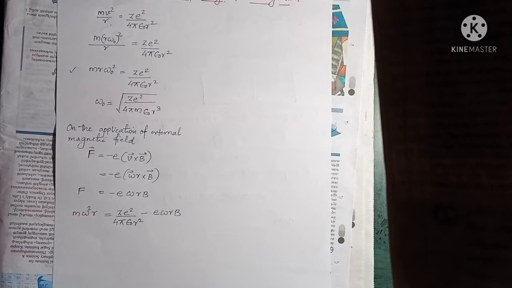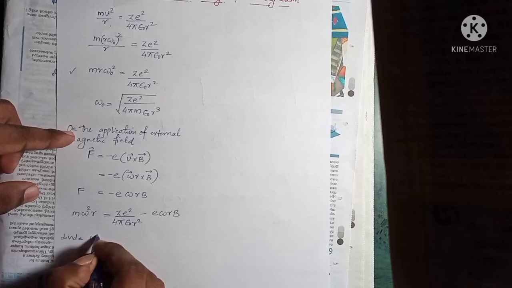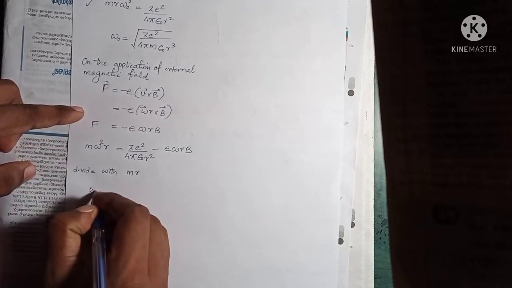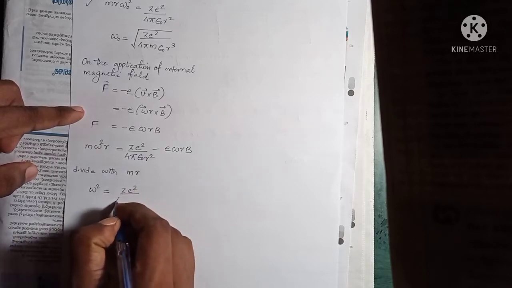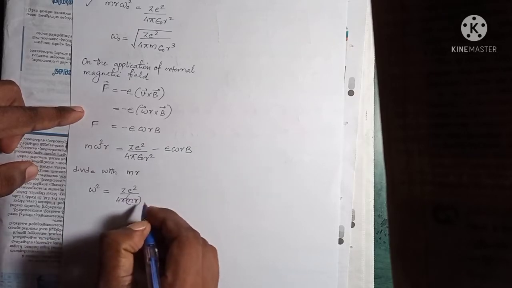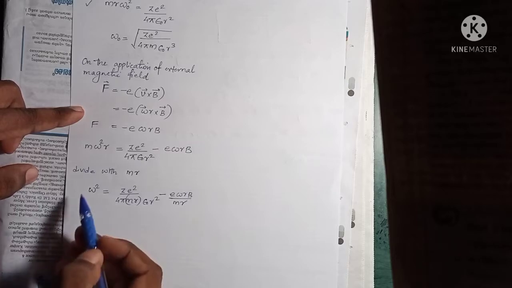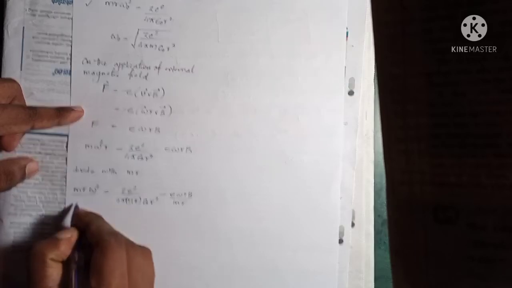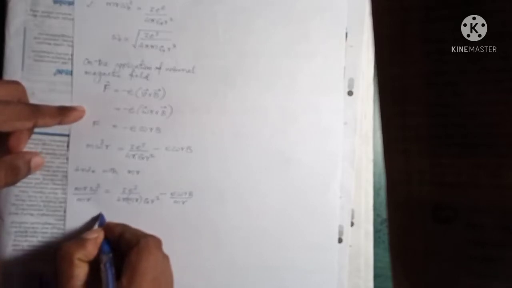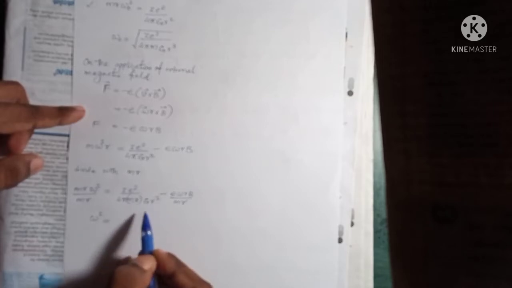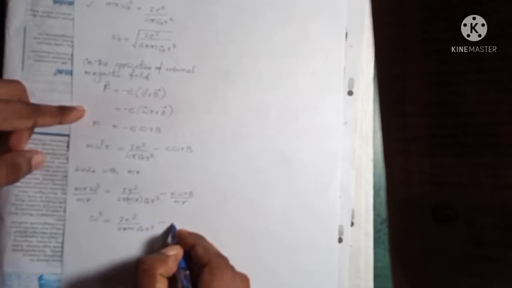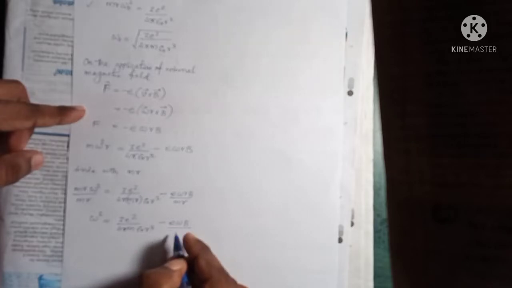For that we first divide the whole equation by mr. So we will be getting omega square equals ze square upon 4 pi m r epsilon naught r square minus e omega rB upon mr. Here I'll just show that mr upon mr. So this will be given by omega square equals ze square upon 4 pi m epsilon 0 r cube minus, r cancels, e omega B upon m.